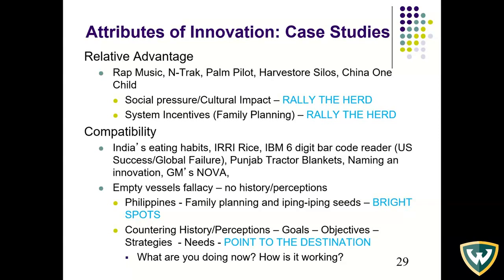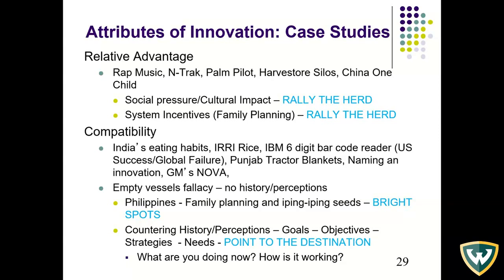So you go from optional diffusion to either collective, meaning, okay, did we all decide as a community we're going to use family planning, or authority, where that village really produces that authority to persuade people to participate in family planning. So again, those are two rally the herd examples.